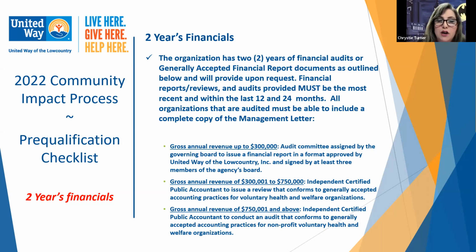So when you have a fiscal agent, it's on the fiscal agent. The fiscal agent must have 2 years' worth of financials, and it's going to be on this, because they're the ones that we have to review for your fiscal accountability and financial stewardship. Okay, thanks.